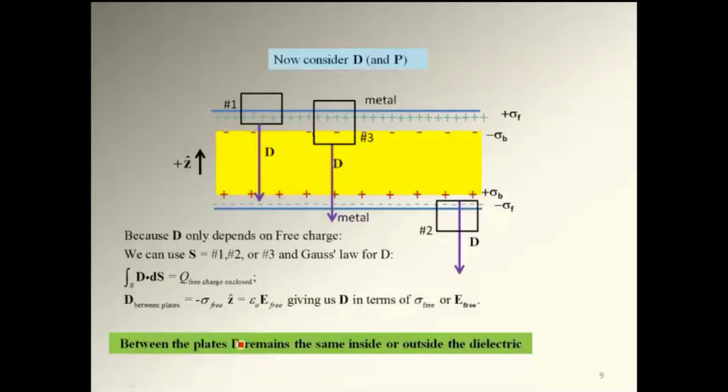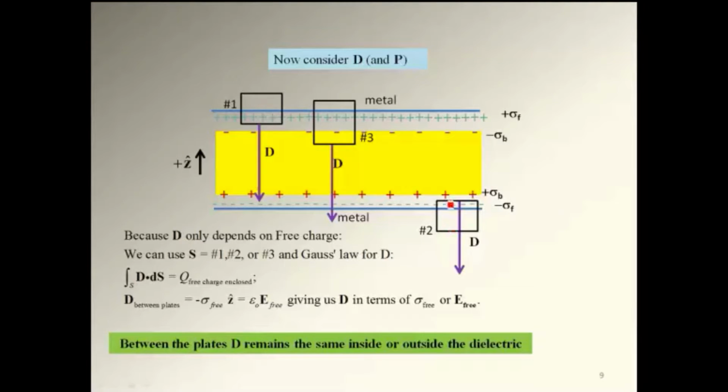Now we want to consider D and the polarization. Let's start with D. Remember that D only depends on the free charge. We can use Gaussian surfaces similar to what we did before. Here we have a Gaussian surface that only includes the free charge density on the plate. We calculate D. This Gaussian surface dips into the dielectric and has the bound charge and the free charge. D only depends on the free charge, so it's like this wasn't even here.